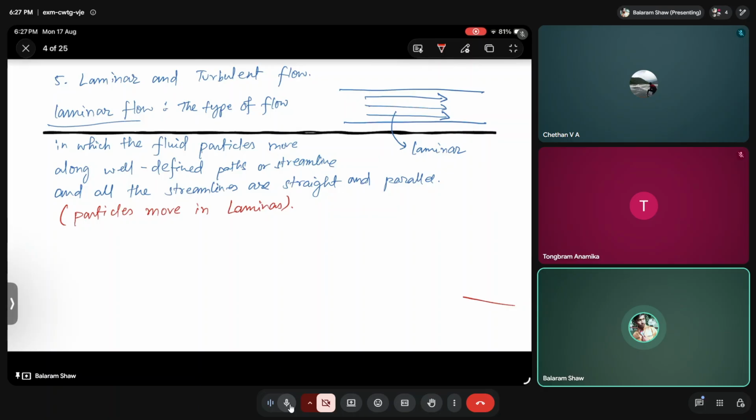If there are several fluid particles on layer 1, and they are moving on the adjacent layer, layer 2, smoothly, then we call this laminar flow. This is also called streamline flow.